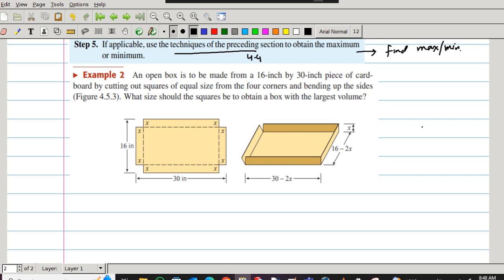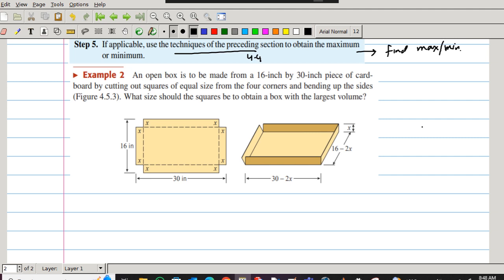Now he said, how can we cut this X so that we get the maximum volume inside? The volume inside the box should be maximum. Now it's not the area. The plain sheet has area, but when you have a three-dimensional thing, length into width into height, like this room, you can put something in it, you can fill it with something, so that gives you the volume.